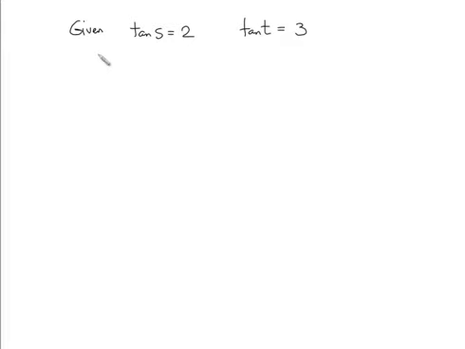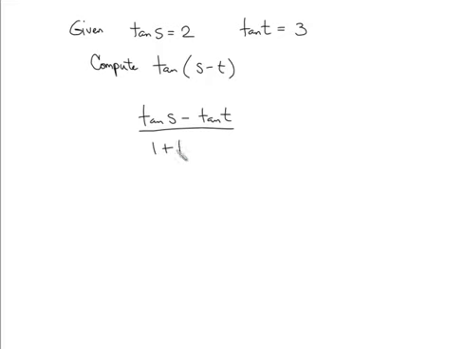And they want us to compute tangent of s minus t. Well, we know that we can expand this into tangent of s minus tangent of t over 1 plus tangent s times tangent t.